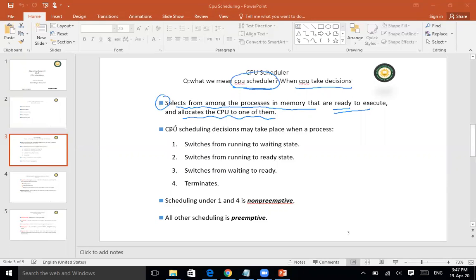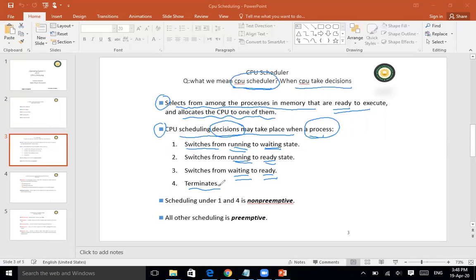Now, number two, it says CPU scheduling decisions may take place when a process switches from running to waiting, or from running to ready, or from waiting to ready, or when it finishes, terminates, exits.